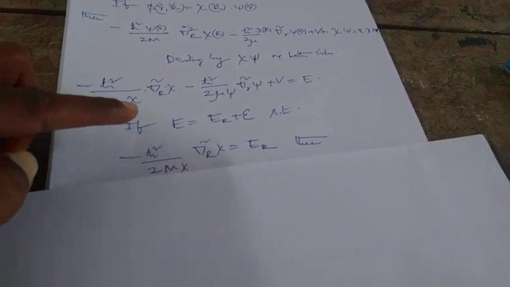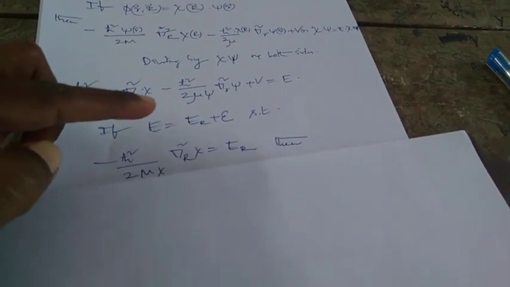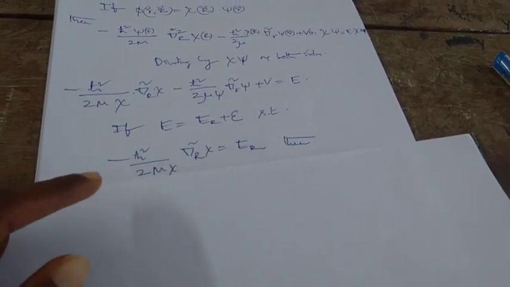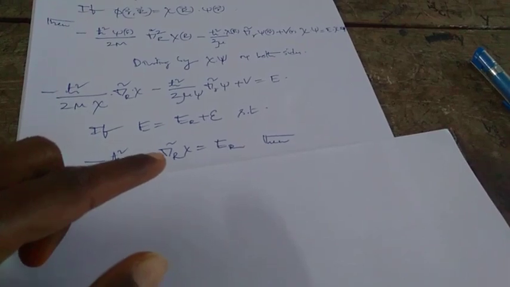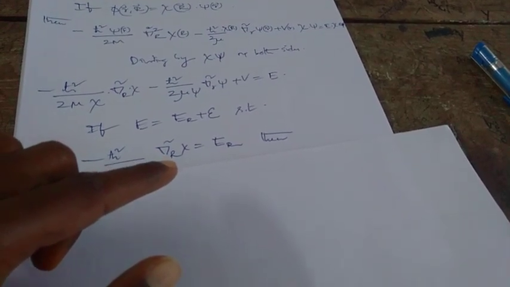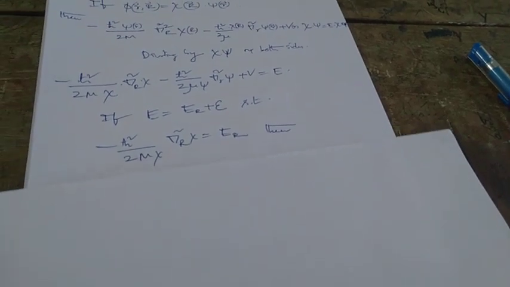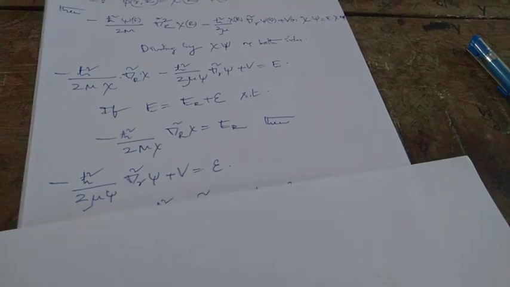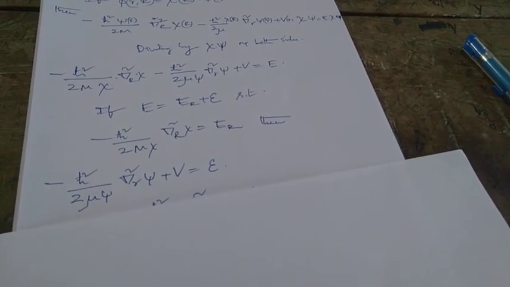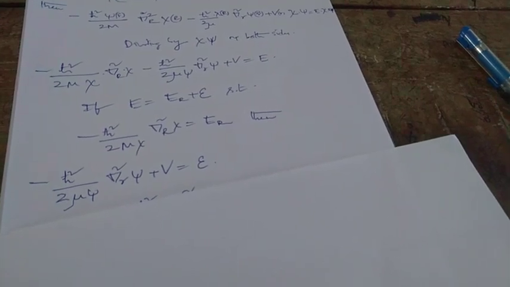If you take this right hand side, which is E, as E sub R plus epsilon, in such a way that minus h-bar squared by 2M times 1 over chi times del squared, which operates upon only R, times chi, equals E sub R, then we'll have the remaining terms, which are minus h-bar squared by 2 mu times 1 over psi times del squared for the r coordinates times psi, plus V, equals epsilon.